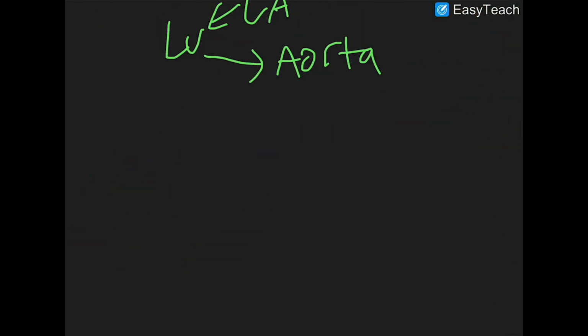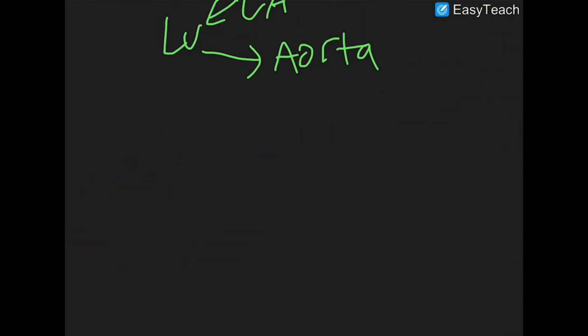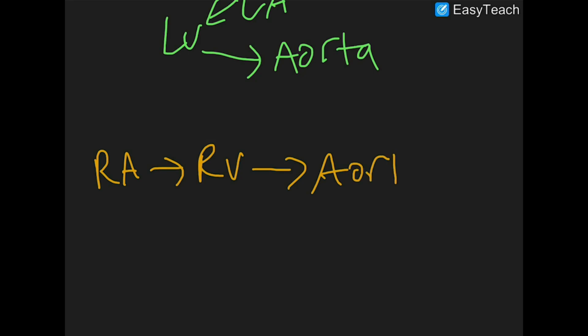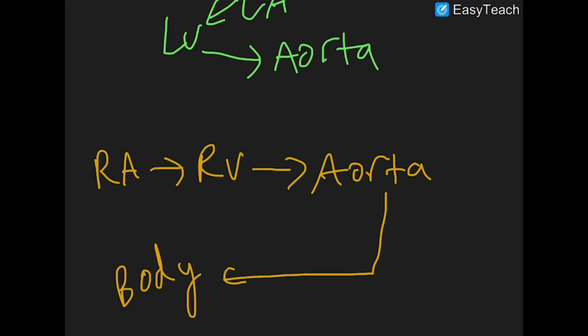But here now, what's going to happen in transposition of great vessels is actually going to be really bad. You're going to have blood coming from the body that's deoxygenated. It's going to go to your right atrium, then to your right ventricle, then to your aorta. Then after it comes back around, where did we say the blood from the body goes?